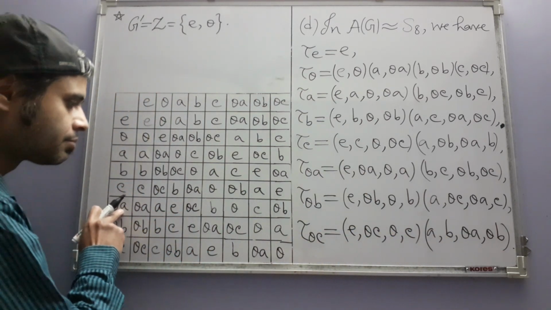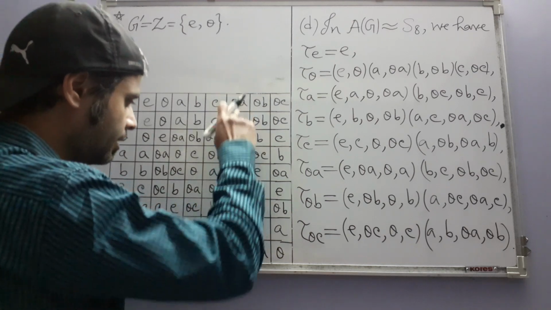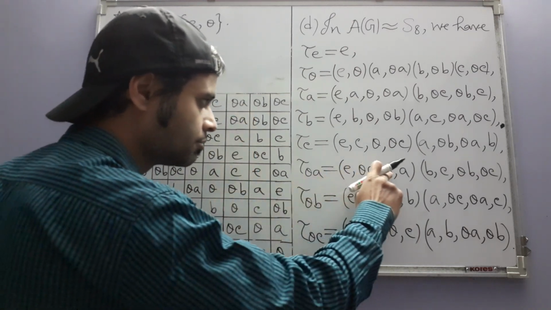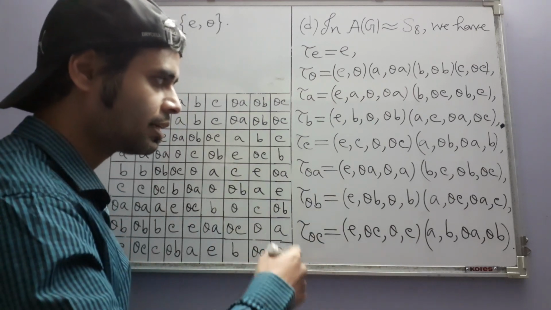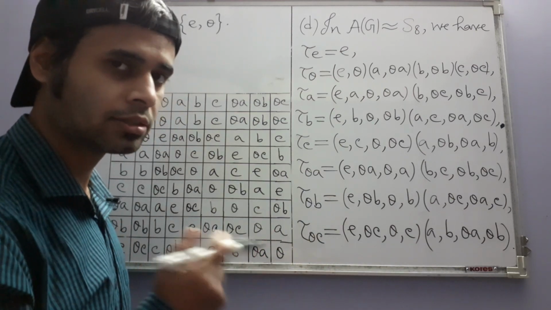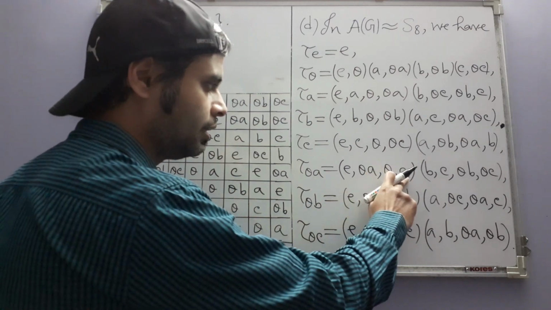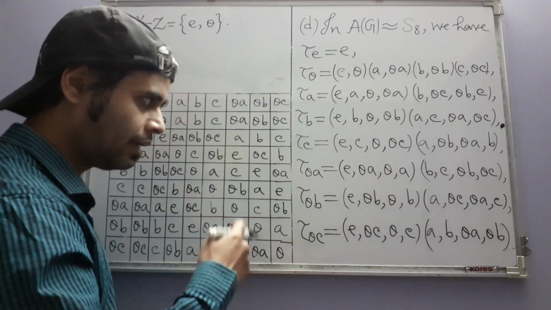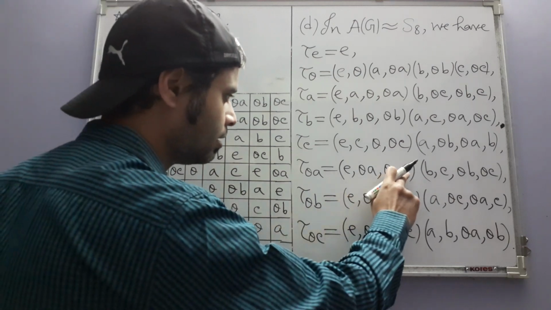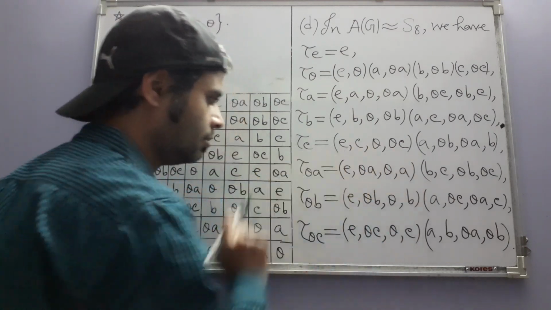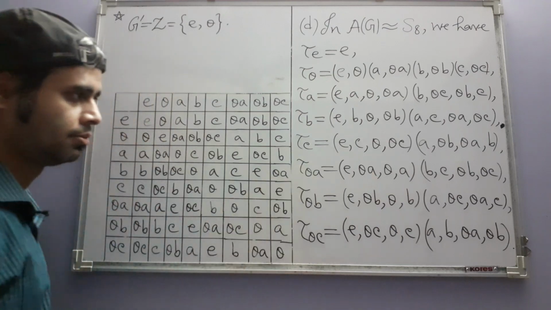Theta A is theta, so we have theta. Theta A is theta square A, but theta square is E, so we get A. And then A theta A, because A and theta A are inverses of each other, that becomes E. So this part is okay.